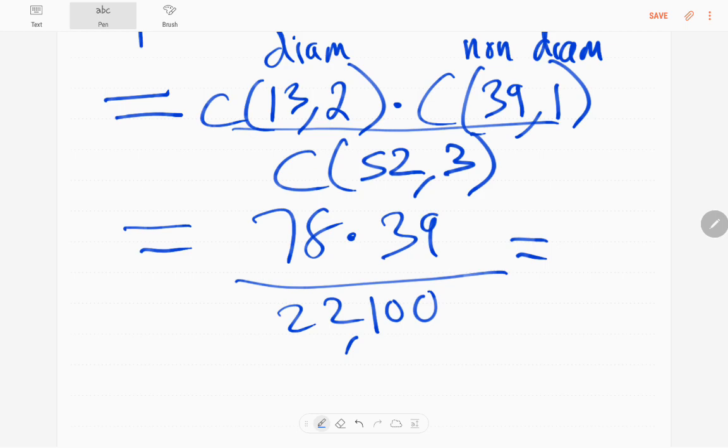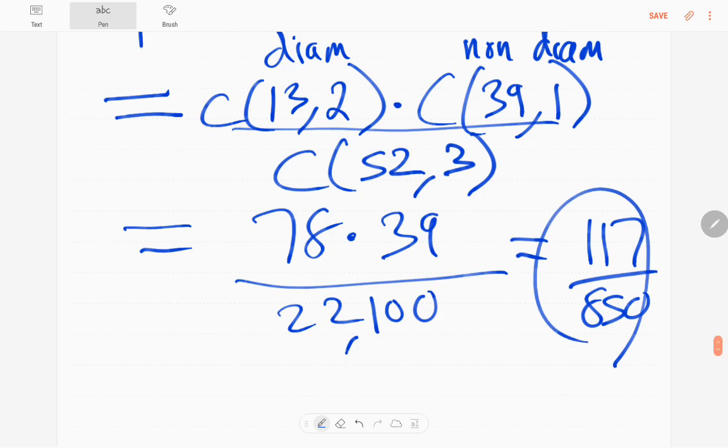And on this one, they want a fraction and not a decimal approximation.